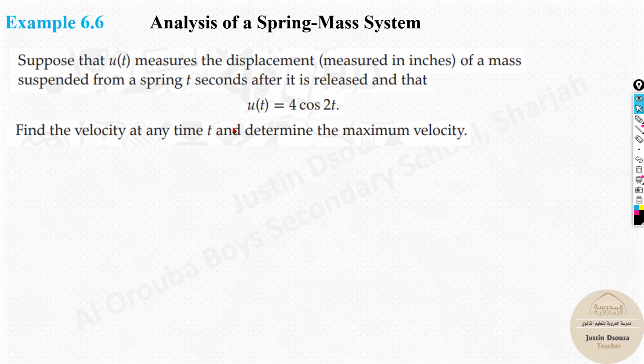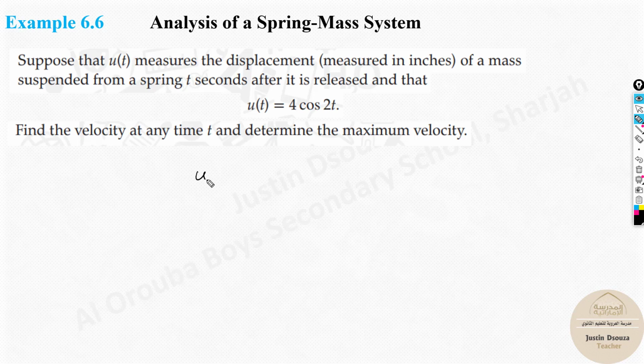Okay, maximum velocity. Now here you must always remember springs. What happens with springs and all? The motion is generally periodic, right? So this can be modeled with a trigonometric function, cos or sine. Now here they have given you displacement. Do you remember derivatives?